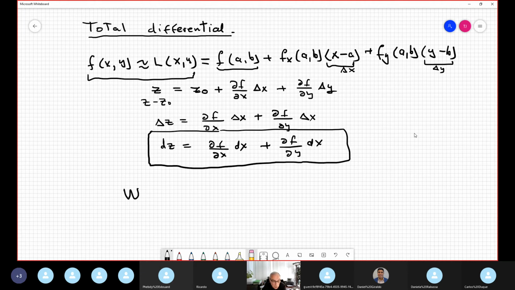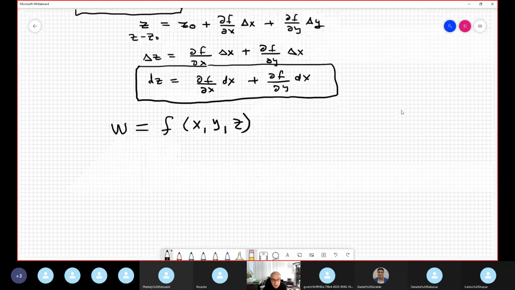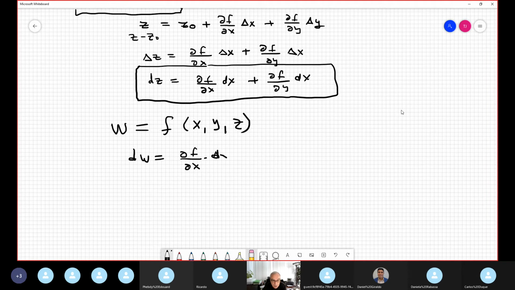Okay, so for example, suppose we have something more complicated. We have w depending on x, y, z. Okay, so the formula for the total differential, in this case we have a 4-dimension problem, is dw is equal to partial f with respect to x times delta x or dx, the differential, plus partial f with respect to y times dy plus partial f with respect to z dz.